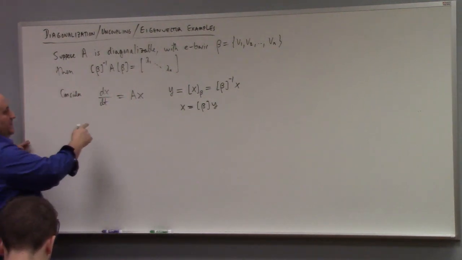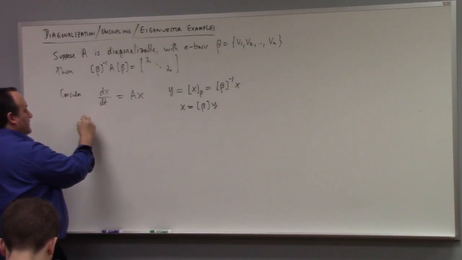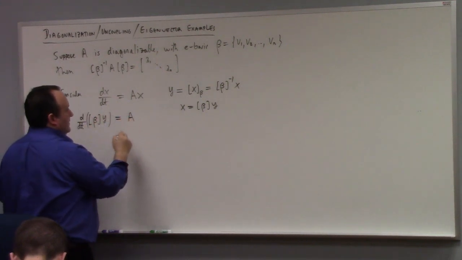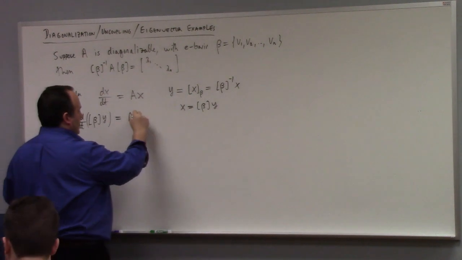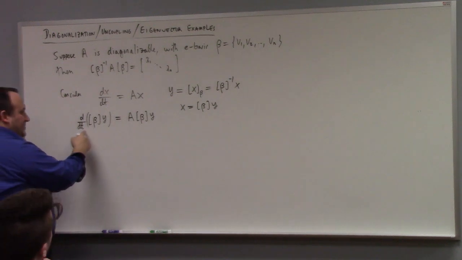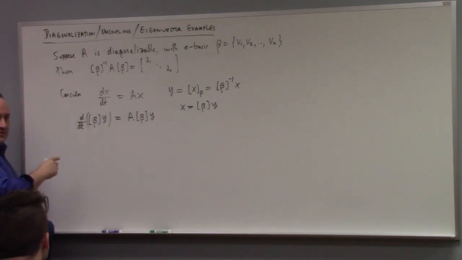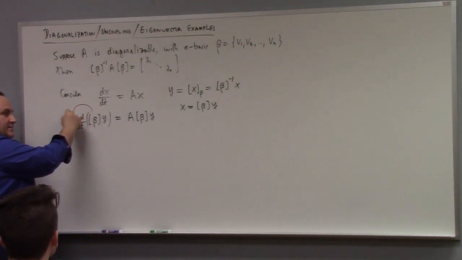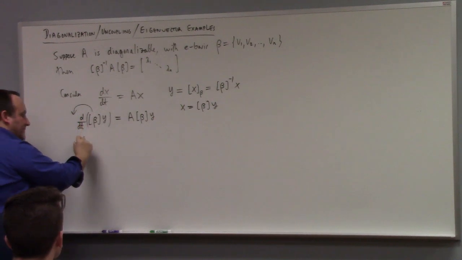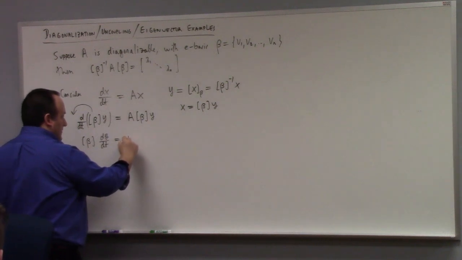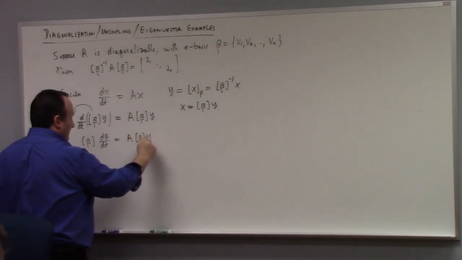So what we've got here is d/dt of beta y is equal to A times x, which is beta y. But the thing is, A is a constant matrix, beta is a constant matrix, so you can pull it outside of the derivative, right? That's the calculus. So we've got beta dy/dt is equal to A beta y.